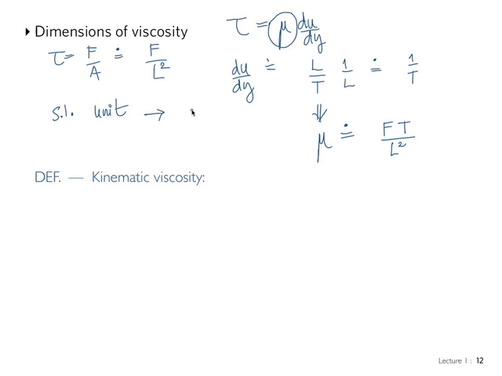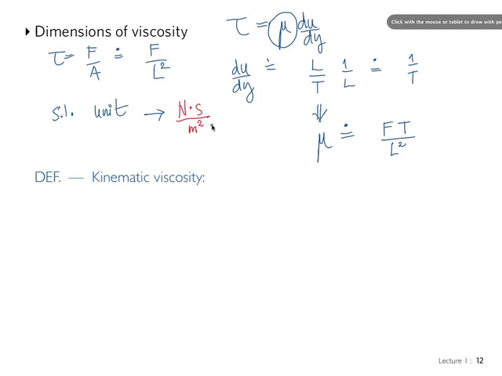In SI units, I'm going to write this in red here, they are Newton seconds divided by meters squared. We will review the units of the SI system in a little bit as well, just in case.